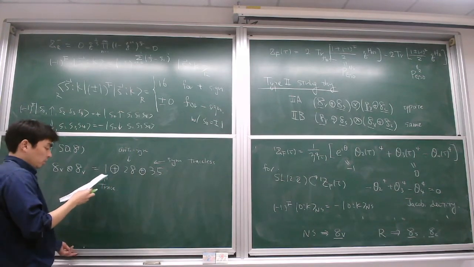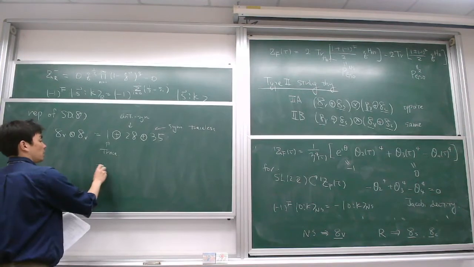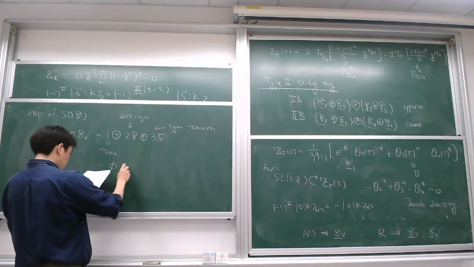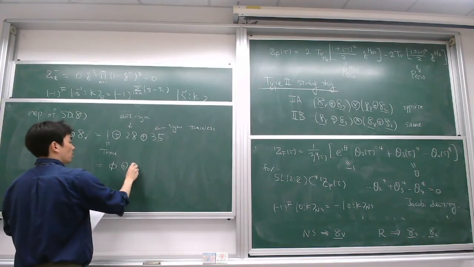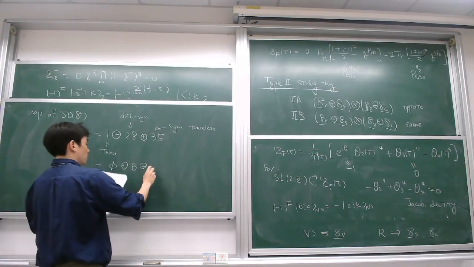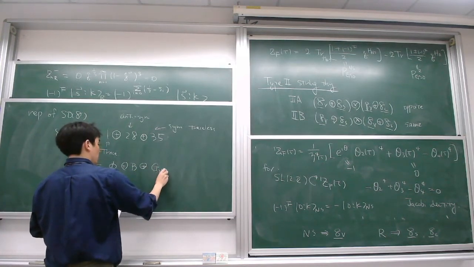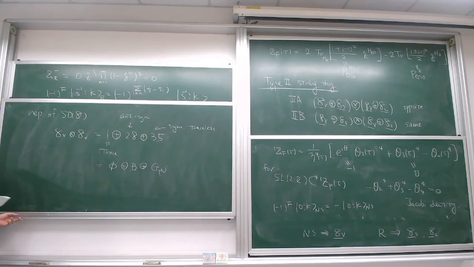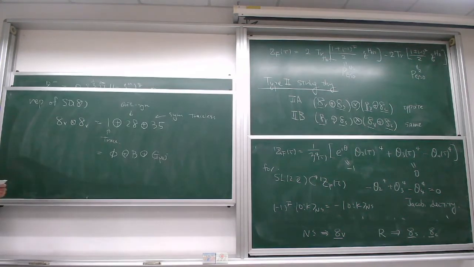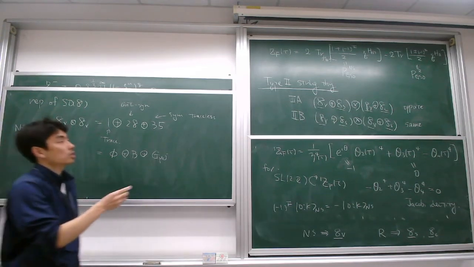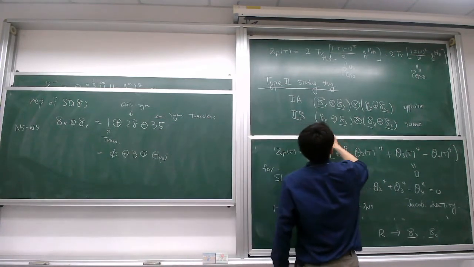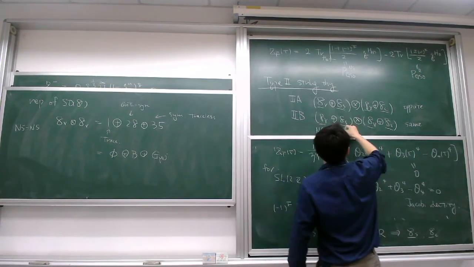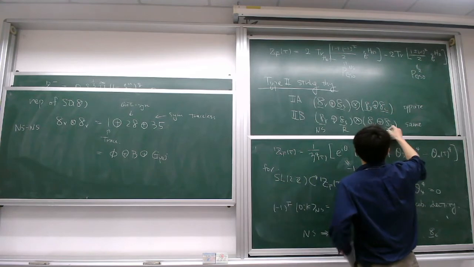And this is the same decomposition as for the bosonic string. You have the B field and the graviton. And then you can have Ramond. So this is the NS sector, here NS sector, and this is the Ramond sector.